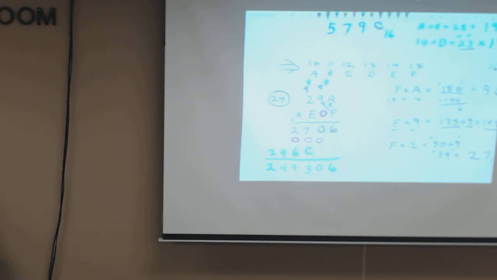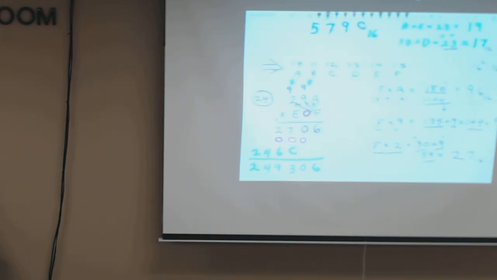And what's F times 2? F times 2 is 30 plus the 9, 39. How do I say 39 in base 16? 2, 7. And then what's 0 times anything? Just 0, 0, 0. Then I come over here, and I guess we should change to green.